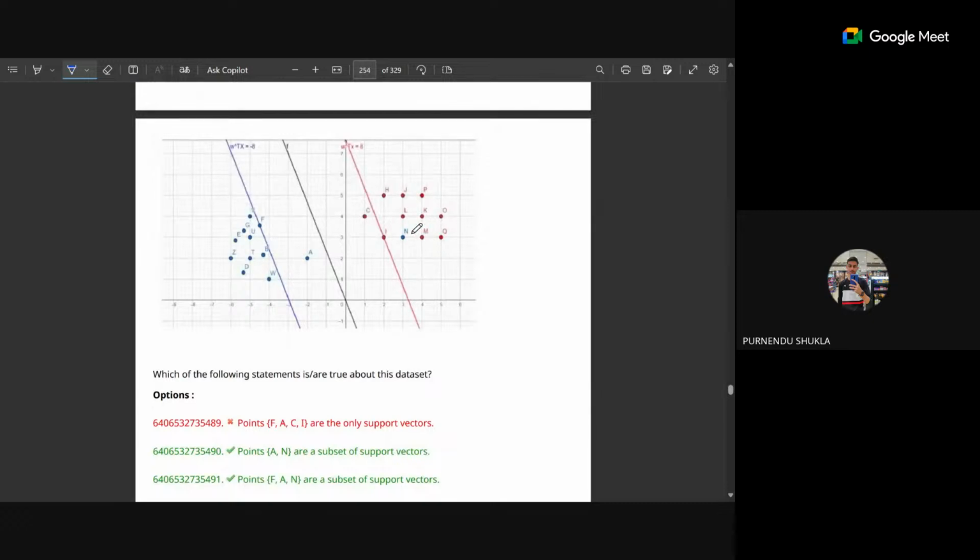Sir, one question. We will not classify this as wrong, but can we say that it's a support vector, right? Because alpha will be greater than 0. For it to be a support vector, it should be less than or equal to 1.